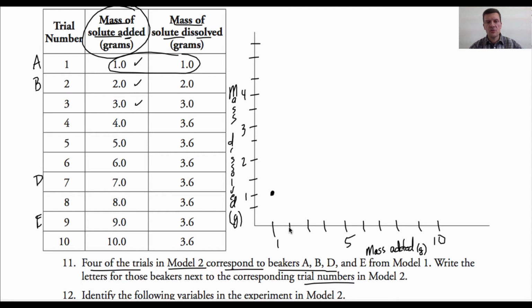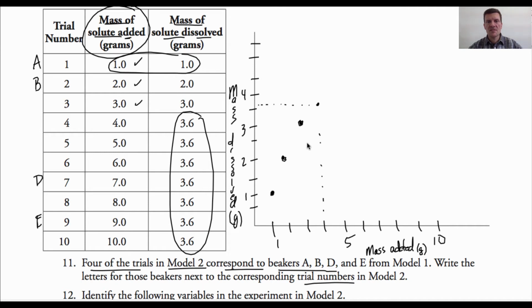When I added 2, 2 was dissolved. I'll put a point right there. When I added 3, 3 was dissolved. Right there. When I added 4, I only have 3.6. So here's 3.5, 3.6 is right around there. So 4 and 3.6.